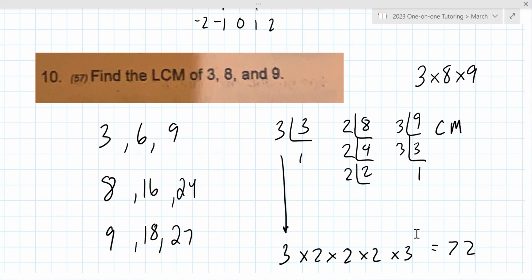So each number has a prime factorization. It's basically like you do a prime factorization of each number and you look for the overlap. Yeah, that makes sense. Okay.